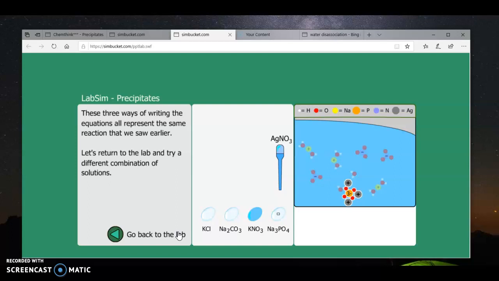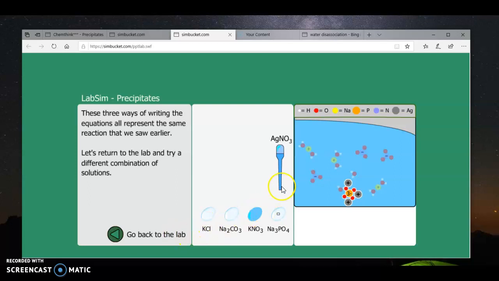If a solid product does not form, then the double replacement reaction does not work. The way you can predict if a solid will form is using something called solubility rules. And tomorrow I will be introducing how to use solubility rules in order to predict the products of a double replacement reaction.